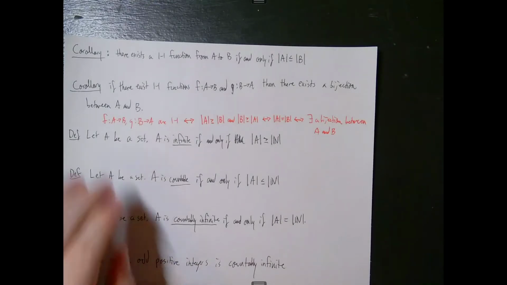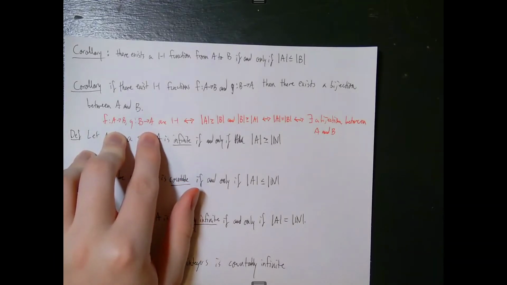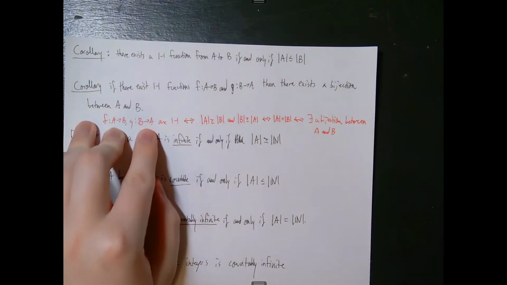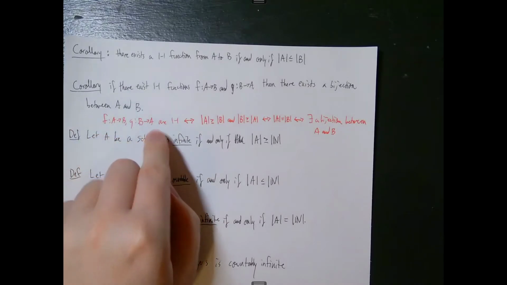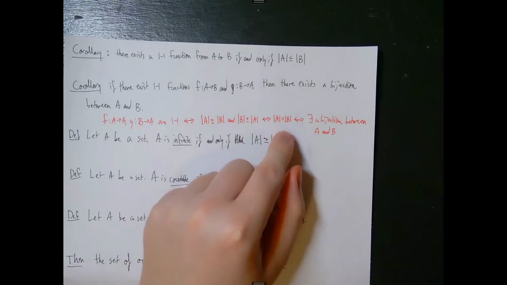The first way came from the theorem that I just proved, which is that if you can show there's a bijection between A and B, then A and B have the same size. The second way you can do it is to show that there are two one-to-one functions, one from A to B and the other from B to A. If you show that both of these are one-to-one, then the cardinality of A and the cardinality of B are exactly the same.